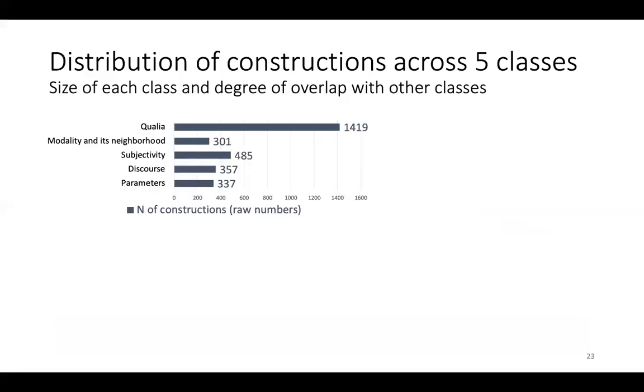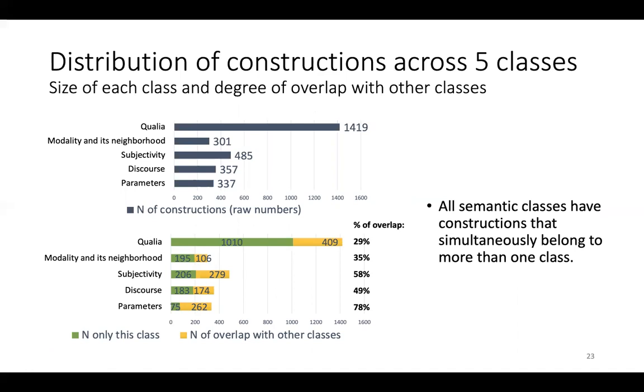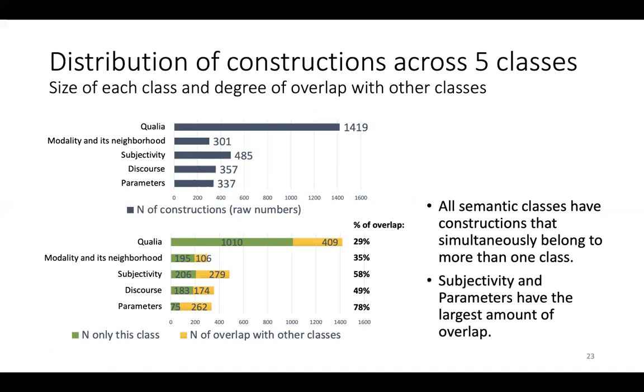Now, this figure shows the size of each class of constructions in terms of its type frequency. And this figure breaks this number down to measure the amount of overlap with other classes. These are the percentages of those constructions that belong to more than one class at the same time. We can make two important observations.